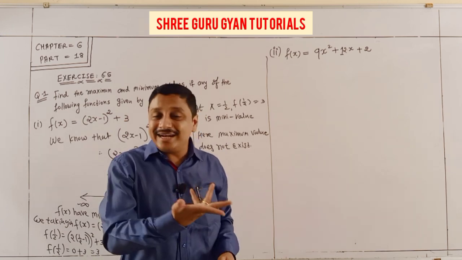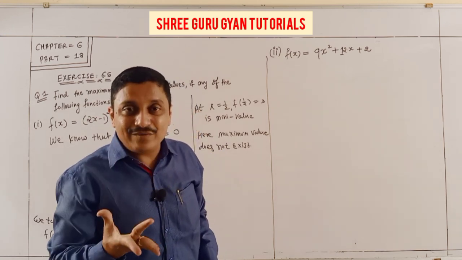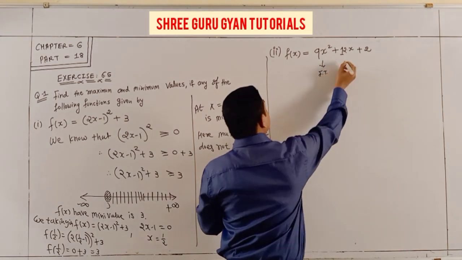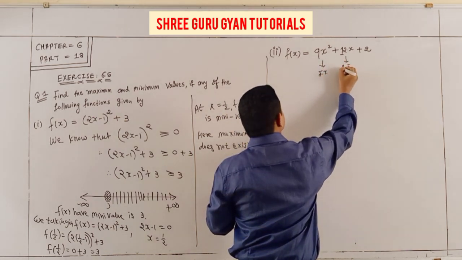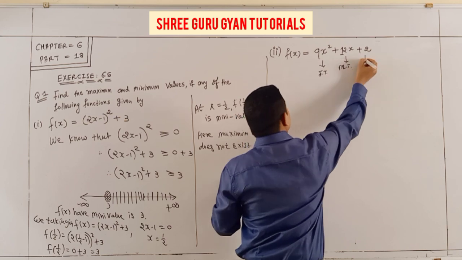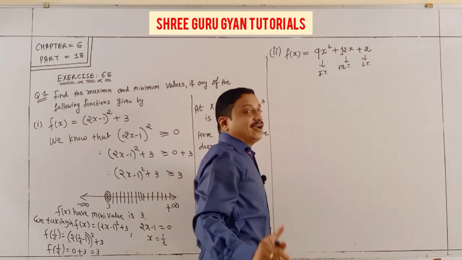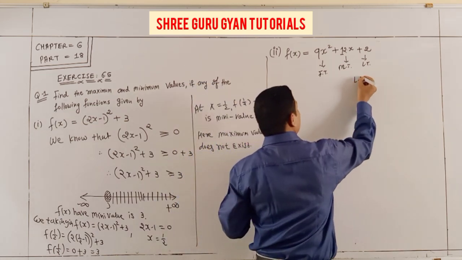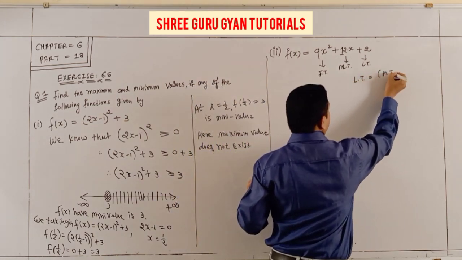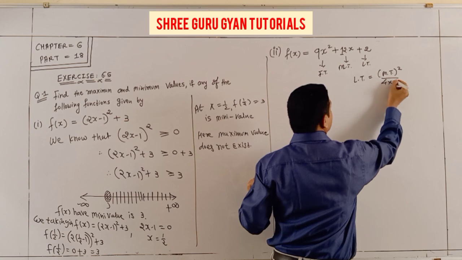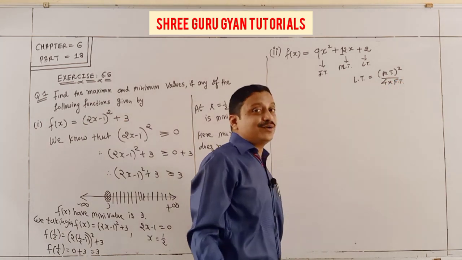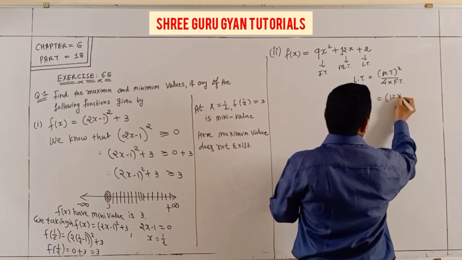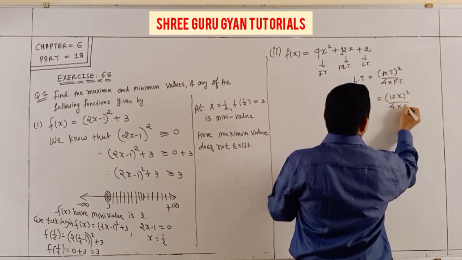You know the derivative rule, first derivative, second derivative, but I go into this method. There is the first term, the middle term and the last term. I convert the last term into a perfect square. So students, the last term formula is the middle term square divided by 4 into the first term: 12x the whole square over 4 into 9x square.